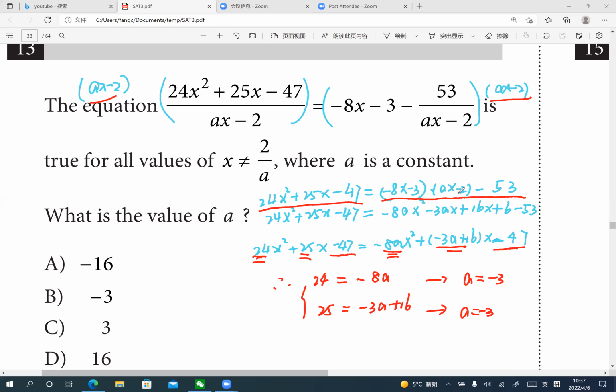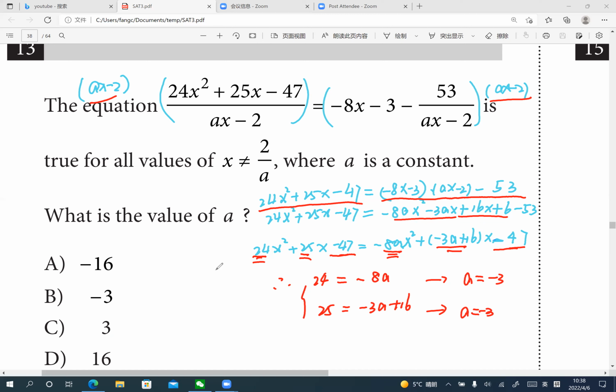We multiply the two binomials. We get -4ax squared minus 3ax plus 16x plus 6, and minus 53. Then we simplify the right side. We get -4ax squared plus (-3a plus 16)x minus 47.